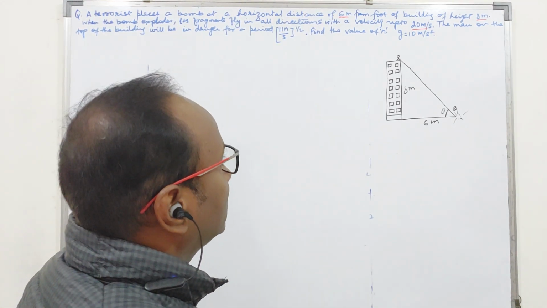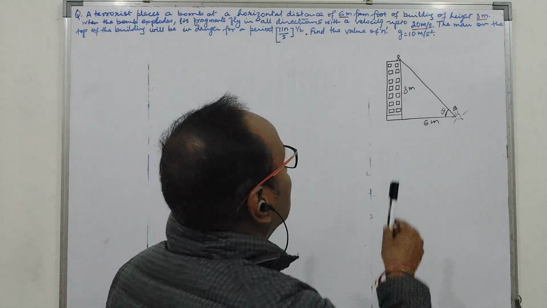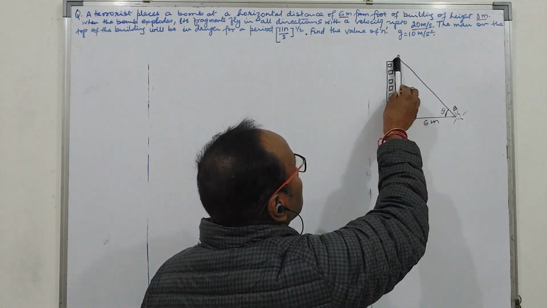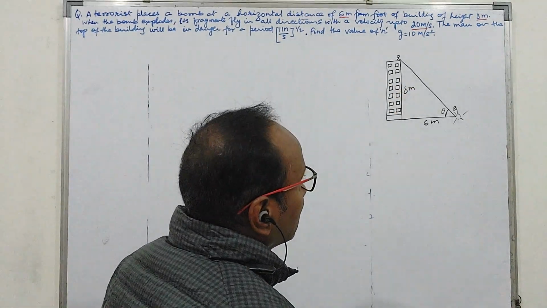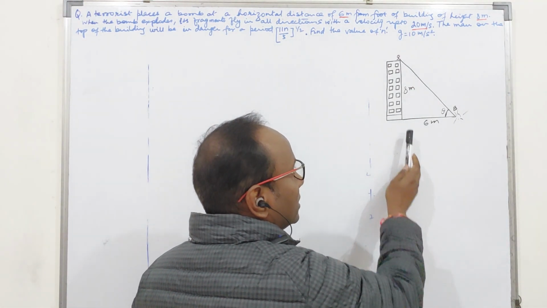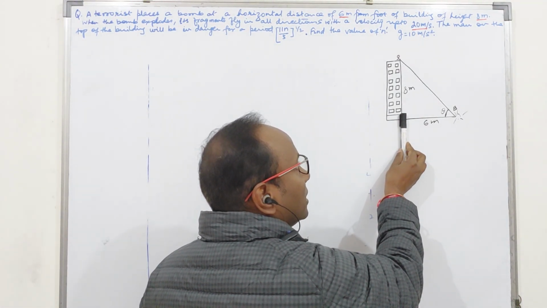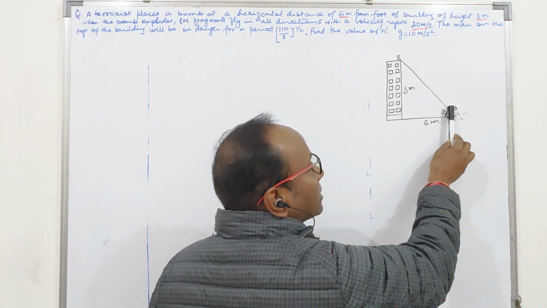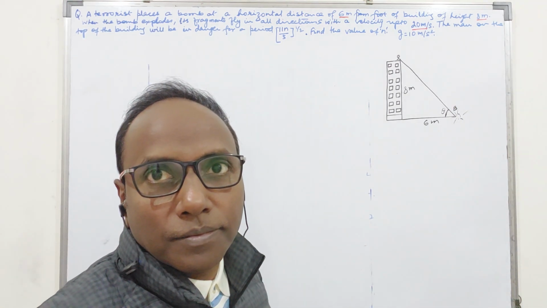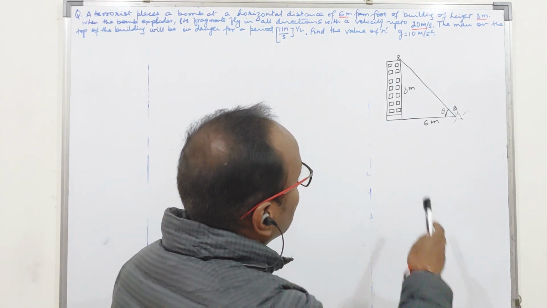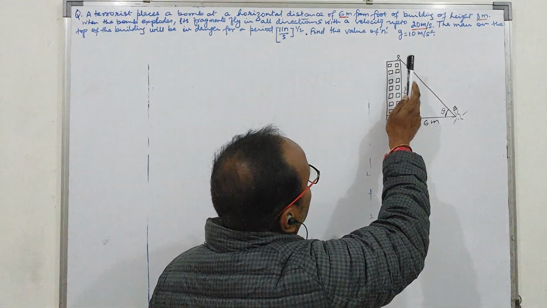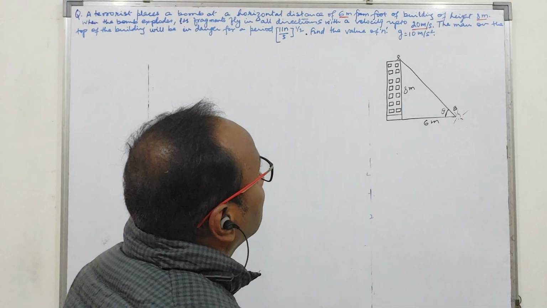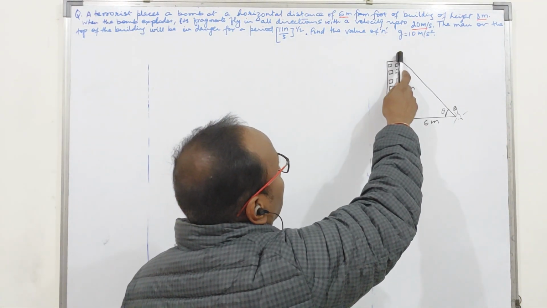So as per the question, this is the building and this is the foot of the building. From here, 6 meters away at B, a bomb is placed. The building height is 8 meters and a man is standing here.